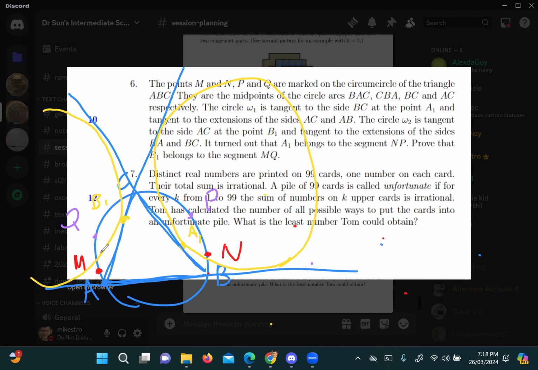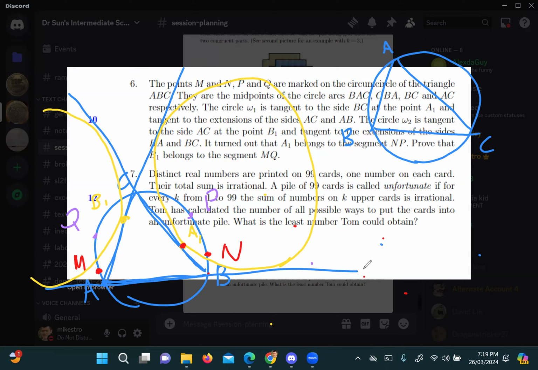The first thing I thought of, right? Let's just not consider the other stuff. Let's center it at A. We'll have our triangle ABC, oriented normally.